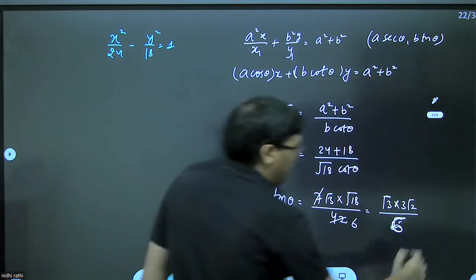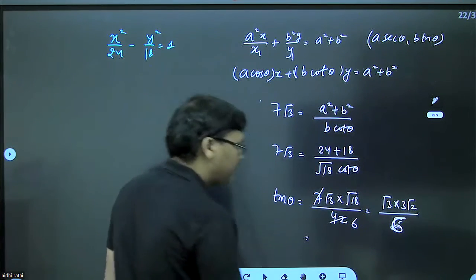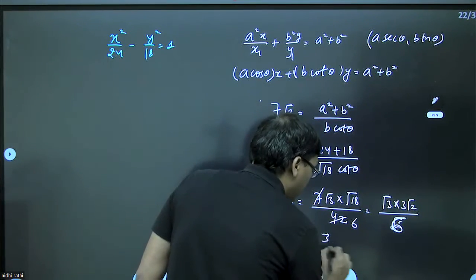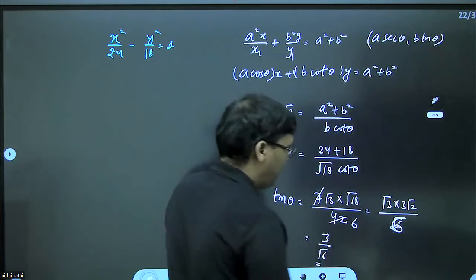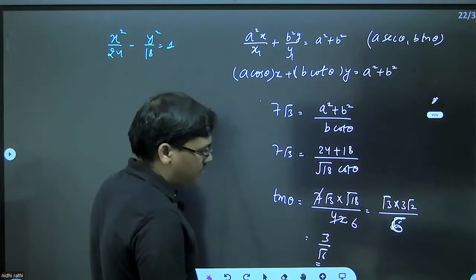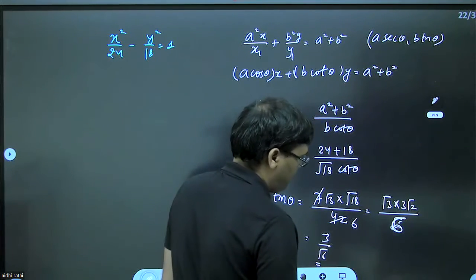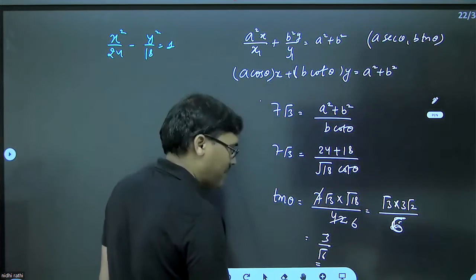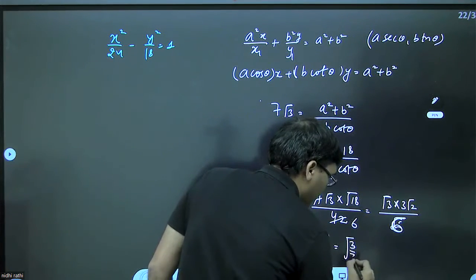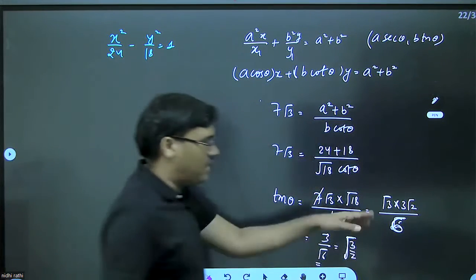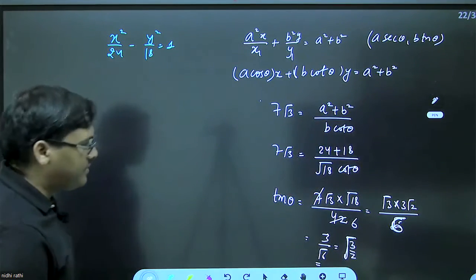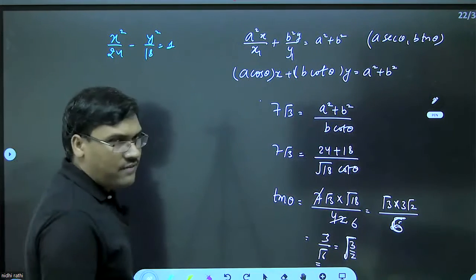So this is equal to 3 by root 6. Or otherwise, you can say this is root 3 by root 2. You can just check the calculation. This is root 3 by root 2. Yes. Right. So now see, this is the tan theta value.